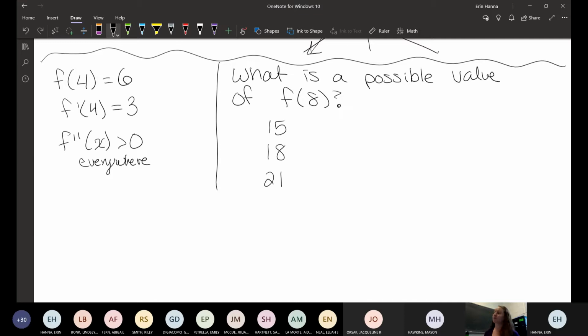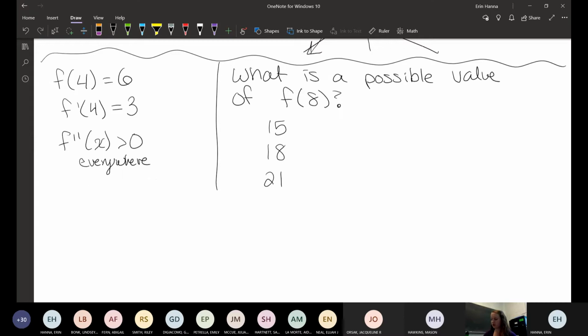Yeah, okay, cool. So we want to know between these 3 possible values, 15, 18, or 21, which one's an actual possible value of f of 8? This is all the information we have to work with. We know that f of 4 is 6, and f prime of 4 is 3.